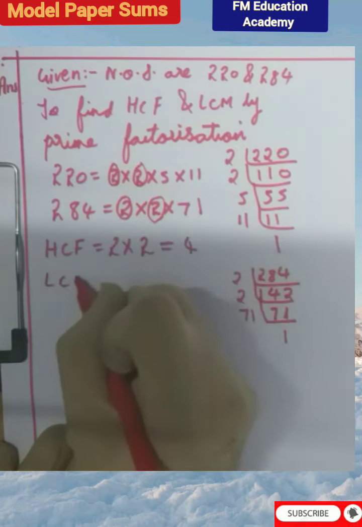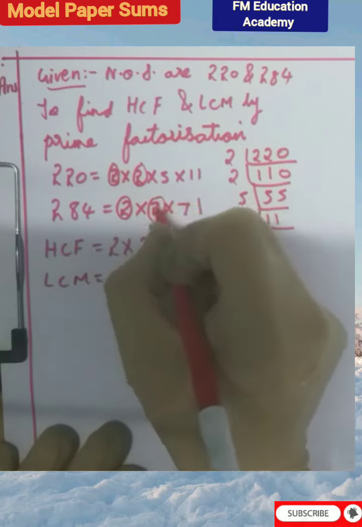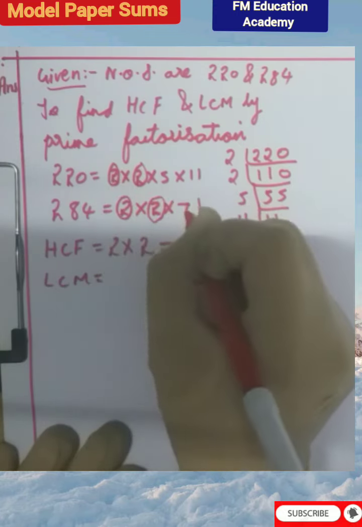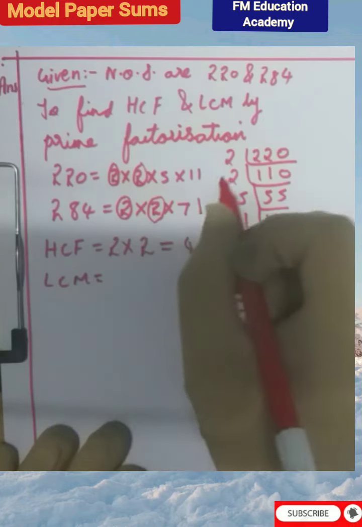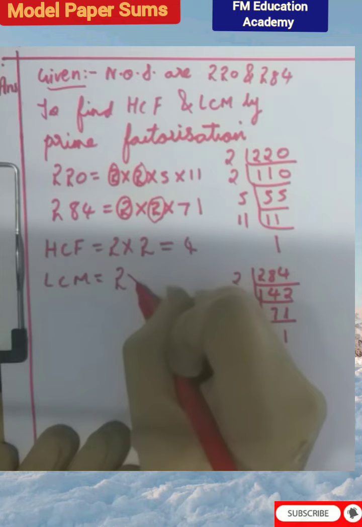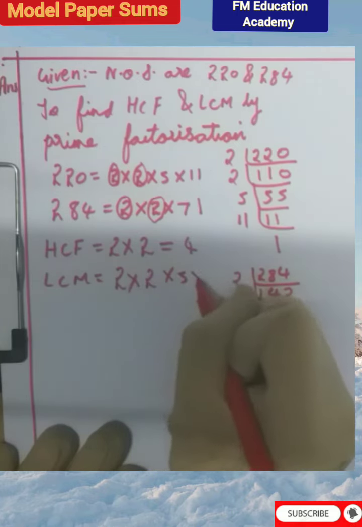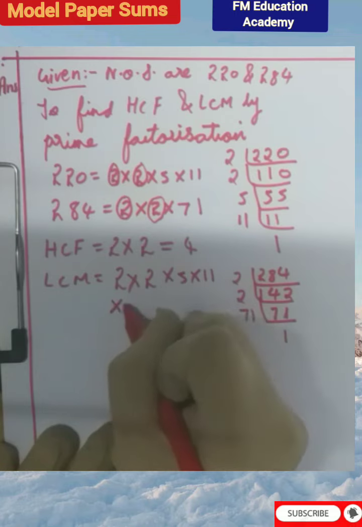What about LCM? LCM means we have to consider common as well as whatever is left over. So LCM means common as well as leftovers. So what were the common terms we had? One 2 and one 2. And what is remaining? 5 into 11 into 71.